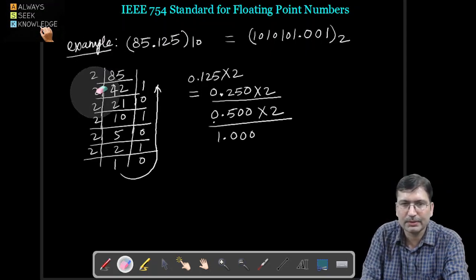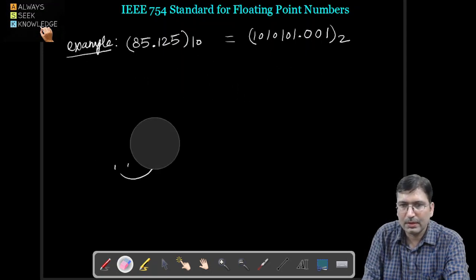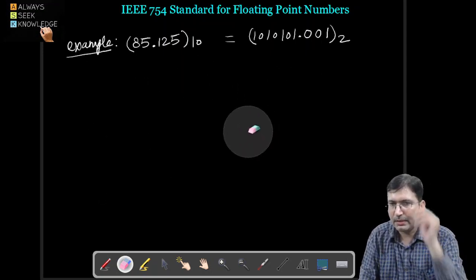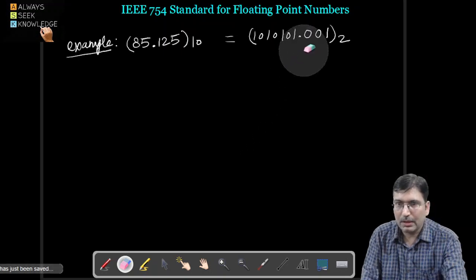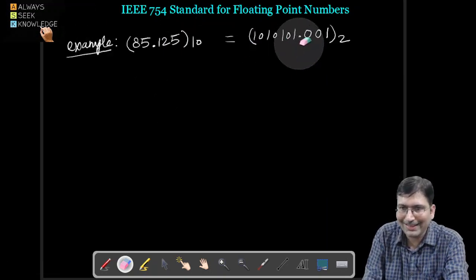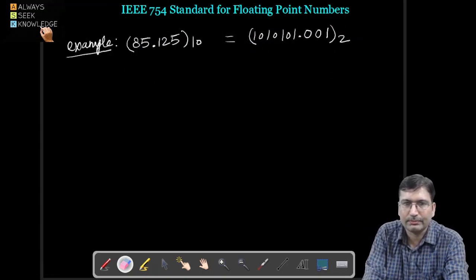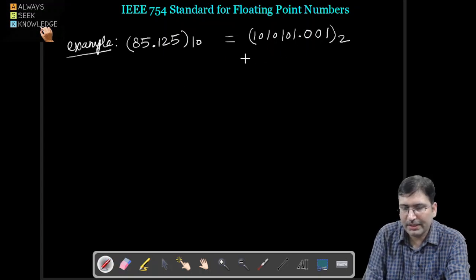So let me clear this. I hope this conversion is clear to everyone. Now once you have this, you need to write it in the standard form. So what is the standard form?